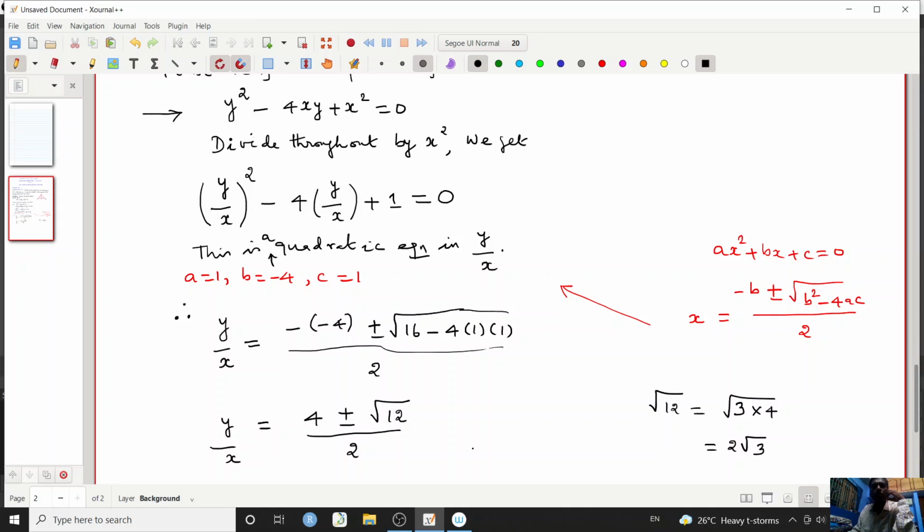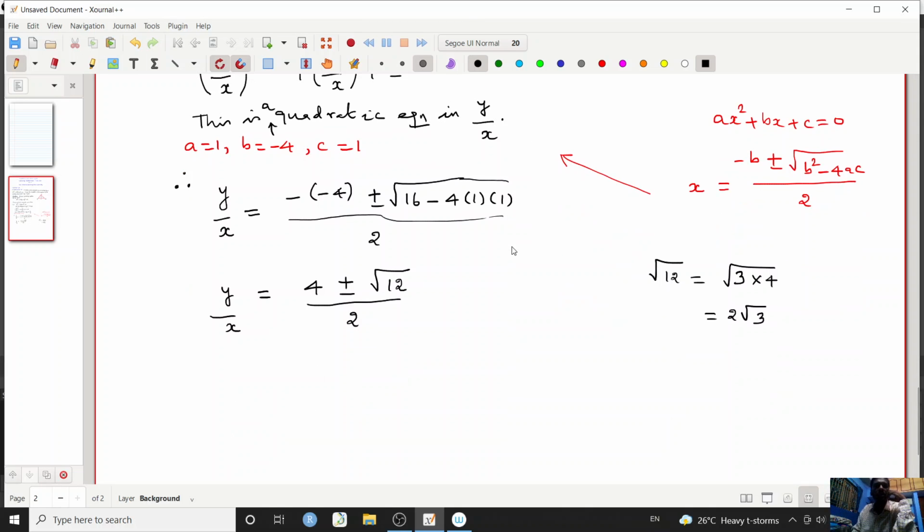So we write it as (4 ± 2√3) / 2, which is y over x.